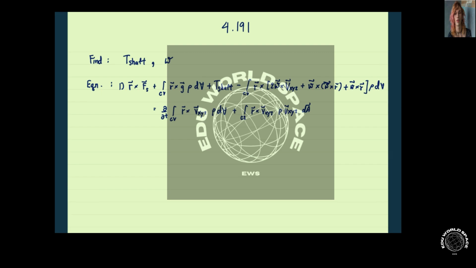In this question, we have to find the torque required to hold stationary and the steady state speed.